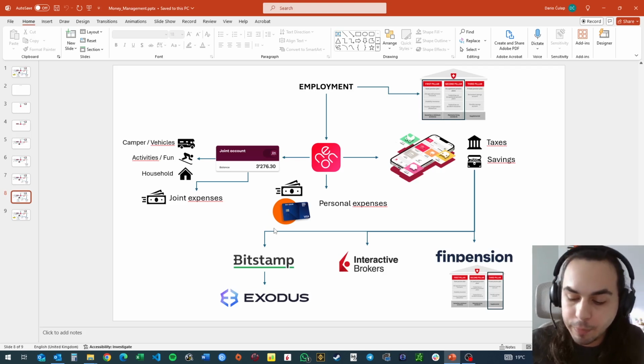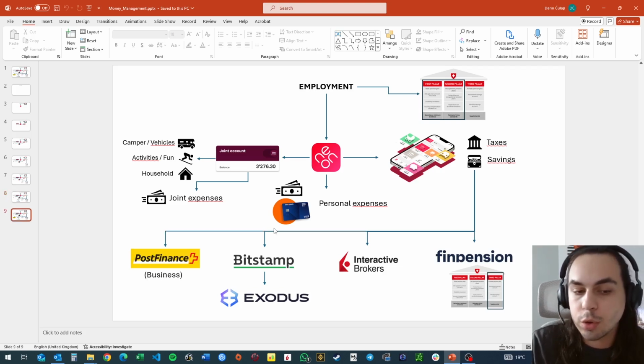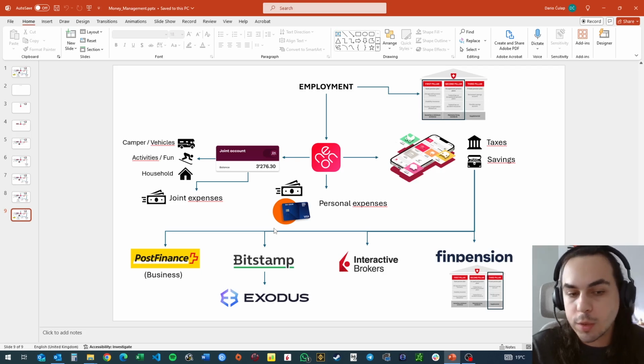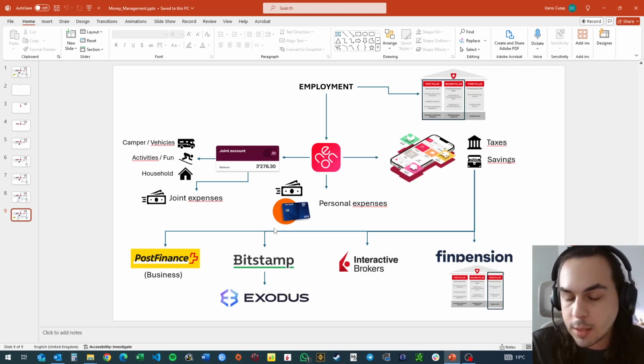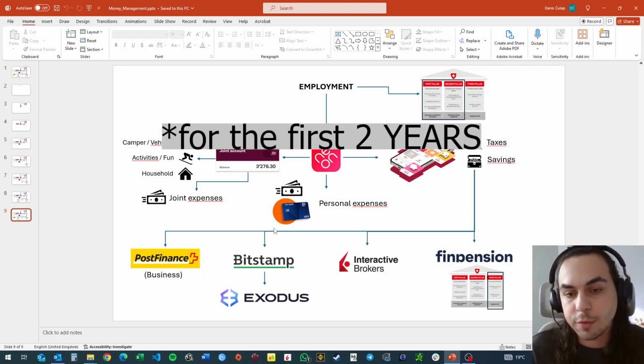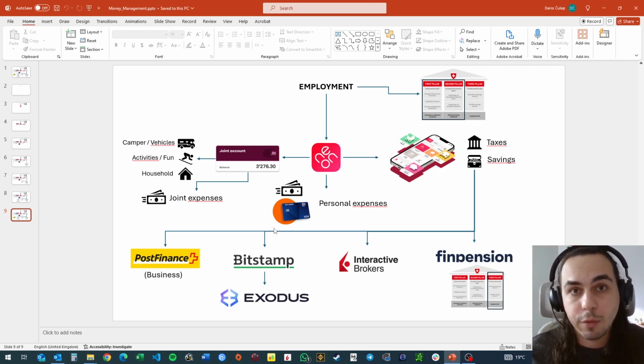Then lastly, the savings could also go into the business that I have with my girlfriend. Of course, to this date, it only went once, to start the business. And what do we use? We use PostFinance because, of course, Neon doesn't have any business account, and PostFinance is fairly cheap. It's 5 francs a month, and for the first 2 months it is free if you are a newly started business.